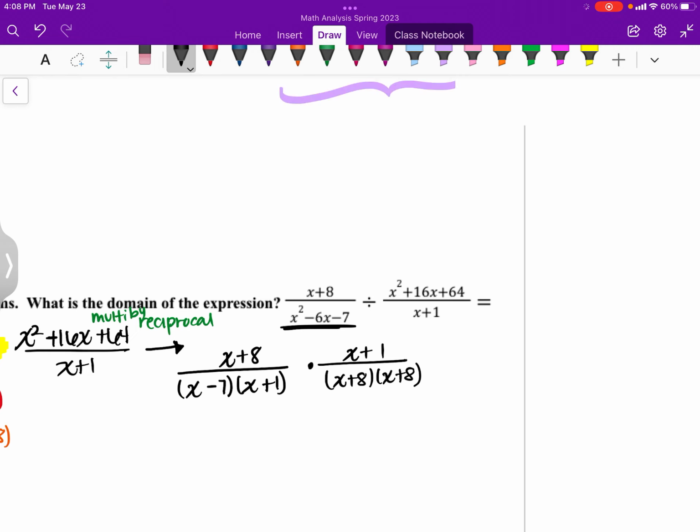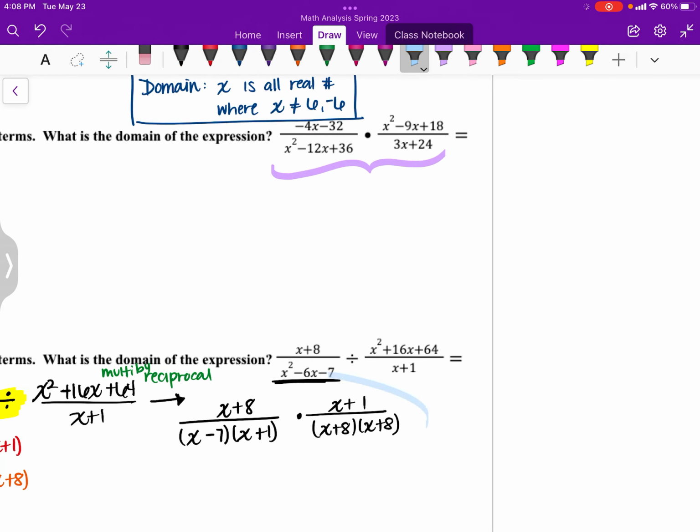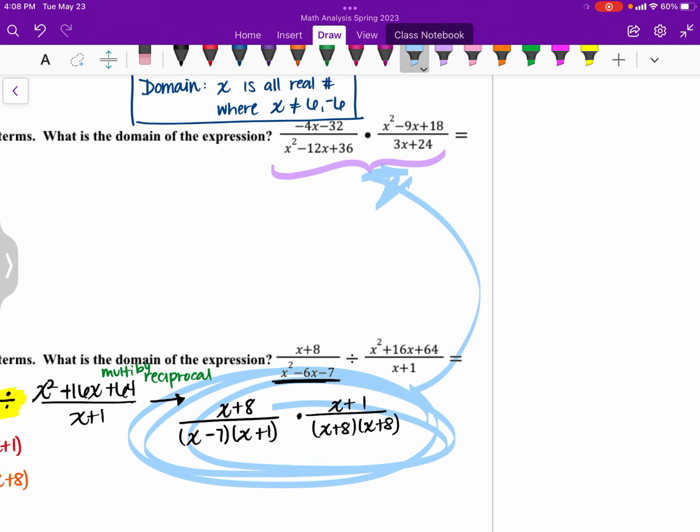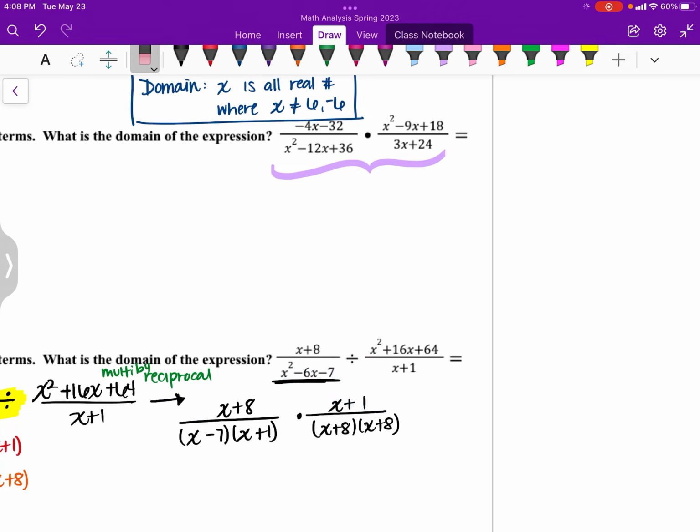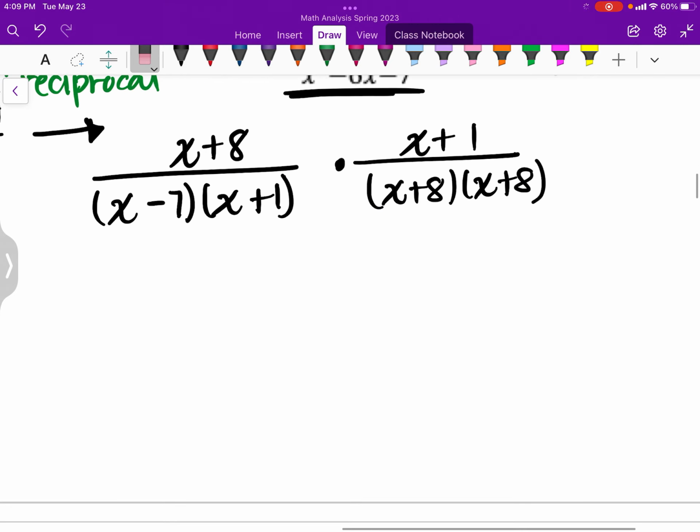And if you take a look at this here, it actually seems very similar to this one here. So how we work this one out, you'll be able to work that one out as well. So I'll just go ahead and show one. So from here, because it's multiplication, we could do some cross canceling. If you see things repeating on top and bottom of separate fractions, you could cancel them out. So for example, x plus 8 and x plus 8 is repeating at least once on top and on the bottom.